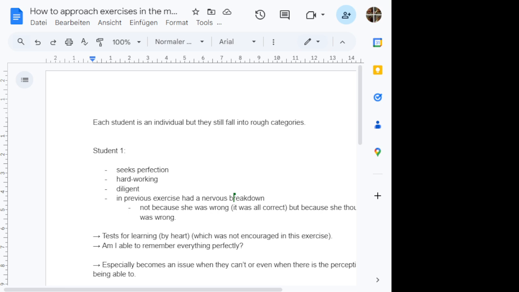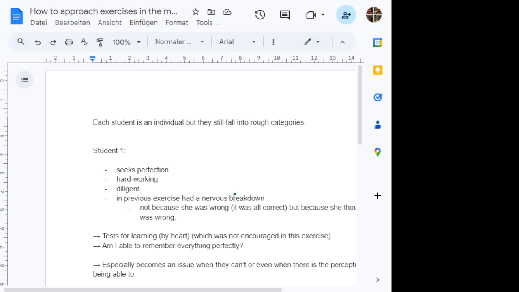And of course, students are all individuals, but they still roughly fall into a couple of categories. I picked out two students, and they are somewhat representative regarding the categories, especially student one.